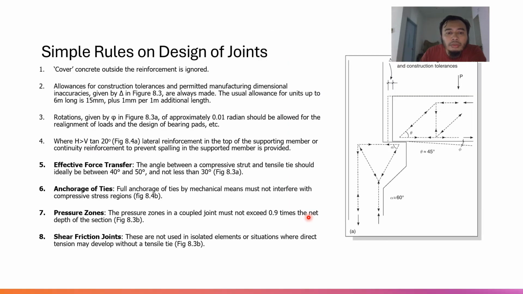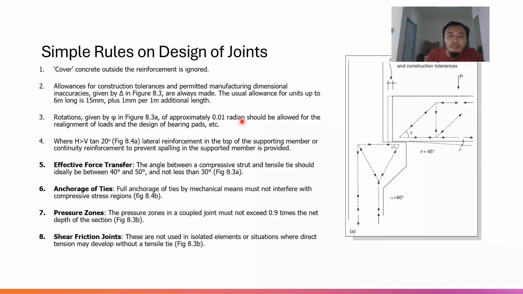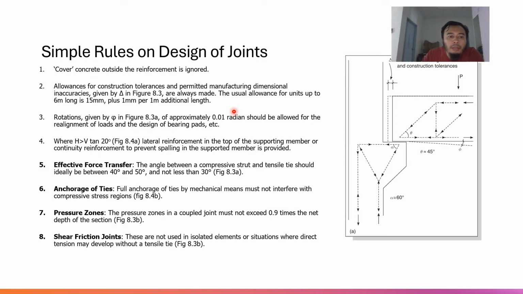So this is the photo. Your anchorage of ties must not interfere with the compressive zone. So your ties should not be in the compressive zone. And pressure zones in coupled joints must not exceed 0.9 times the net depth of section.